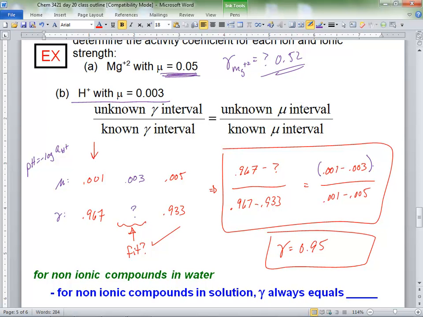Hit equals. Divide by, now I'll use parentheses, this. Hit equals. Multiply by this one in parentheses, because it has to go up on top. Hit equals. Last step, subtract 0.967. And I will get a negative answer, but I have a negative question mark.